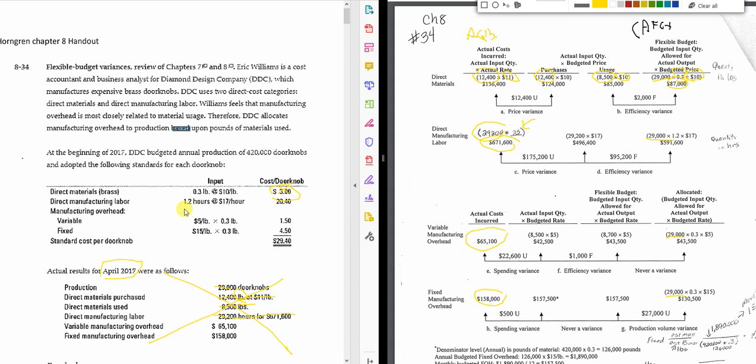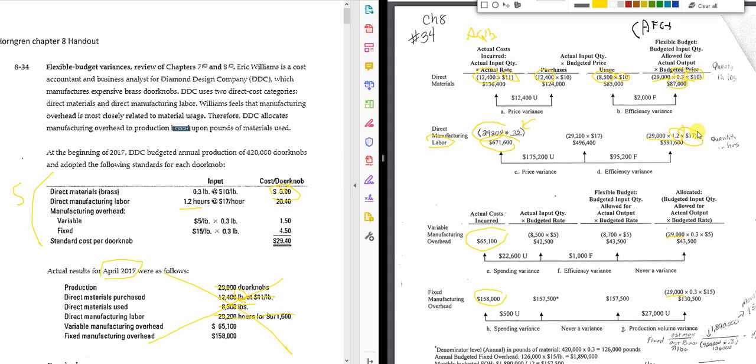So direct manufacturing labor, again, this is standard, remember, over here, this is all standard. It's 1.2 hours. So over here, it's actual finished goods times the standard input each. If I'm doing labor, the standard input is in hours. So I multiply that by 1.2, and it says it's $17 per hour because I want my rate per hour. I don't want to take hours times cost per doorknob.